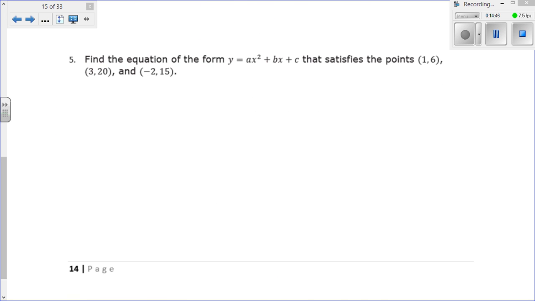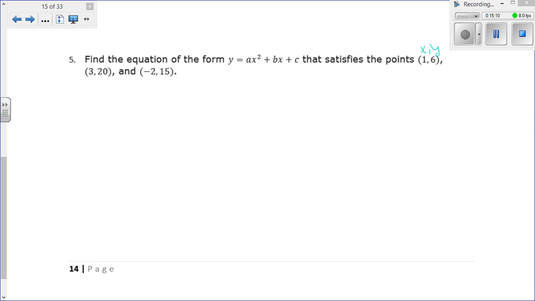For number 5, find the equation of the form y equals ax squared plus bx plus c that satisfies the points (1, 6), (3, 20), and (-2, 15). We kind of did something like this way back in the beginning of the year. But remember, these are all points, x and y.